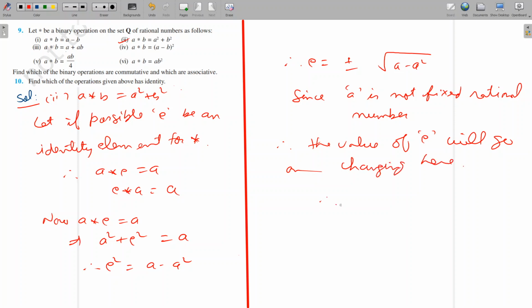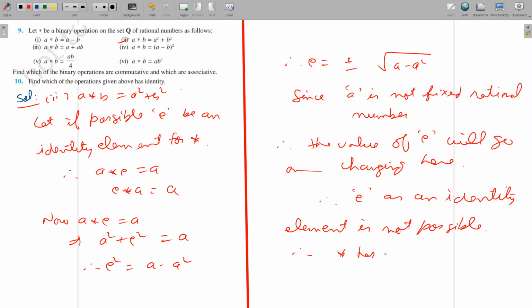Therefore, E as an identity element is not possible. Therefore, we can say that star has no identity element.